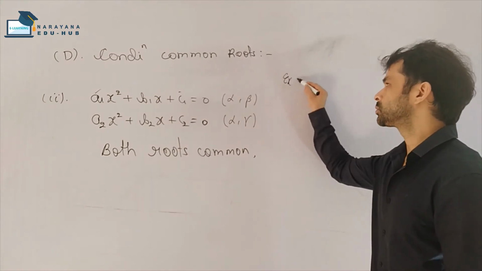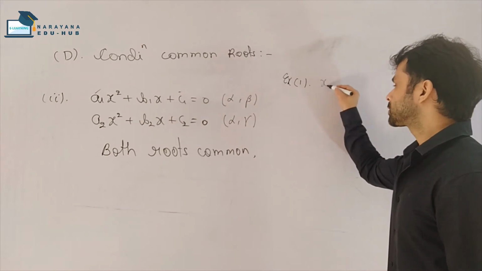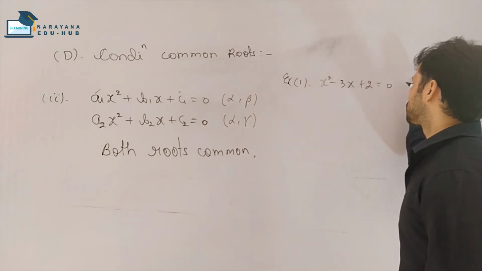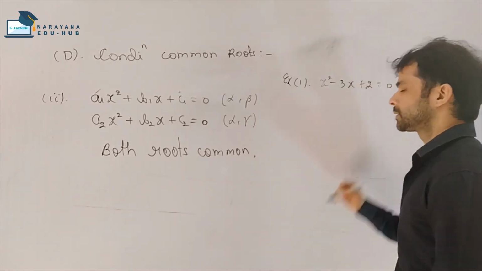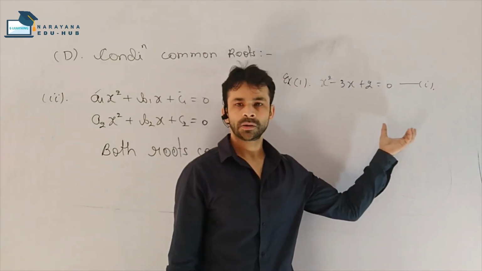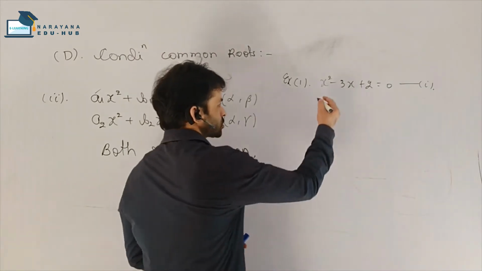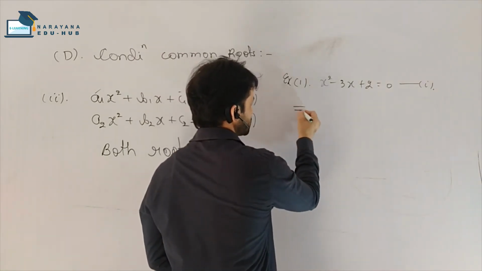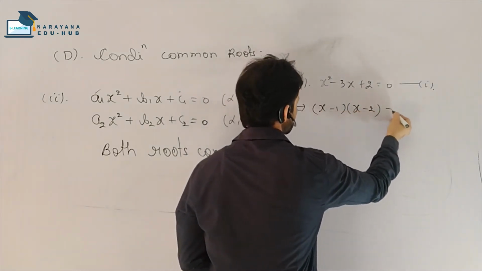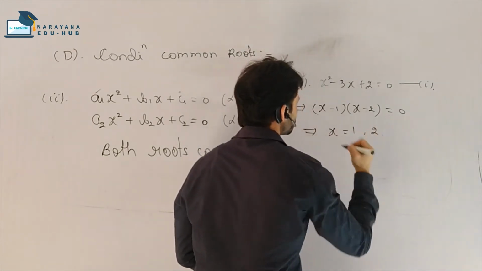Let's say I have taken one quadratic, x square minus 3x plus 2 equal to 0. You can find the roots through factorization or the quadratic formula. Factorizing, x minus 1, x minus 2 equal to 0, so x equals 1, 2.